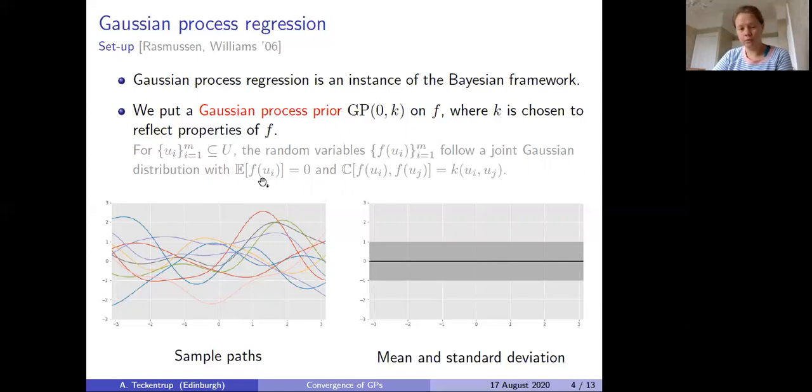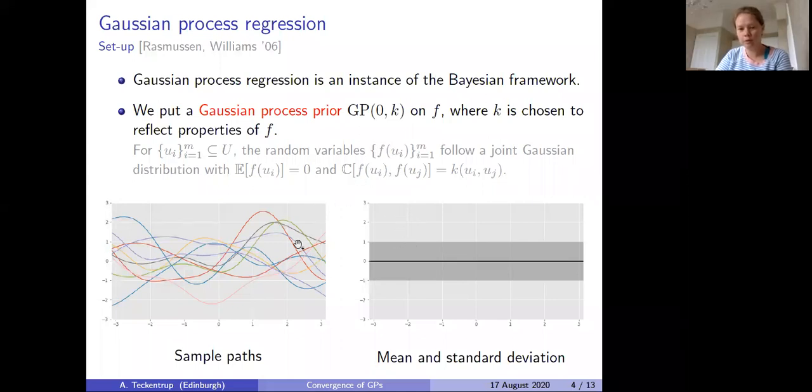You can also do everything with non-zero mean, so everything that I say also holds for non-zero mean, if you're interested in that. And then the second term here, k, is the covariance kernel, which gives you the covariance between f at a point u_i and a point u_j. So this is the mathematical definition.